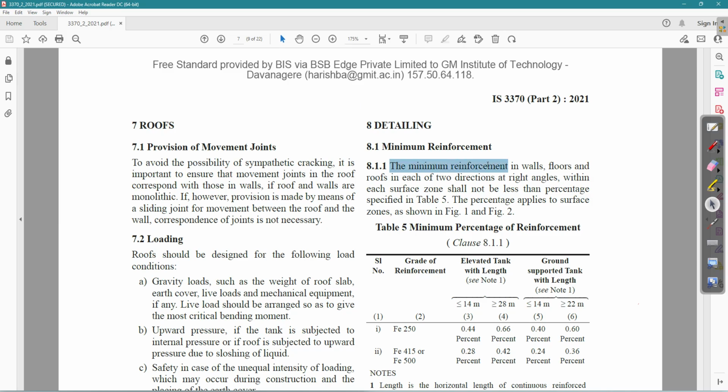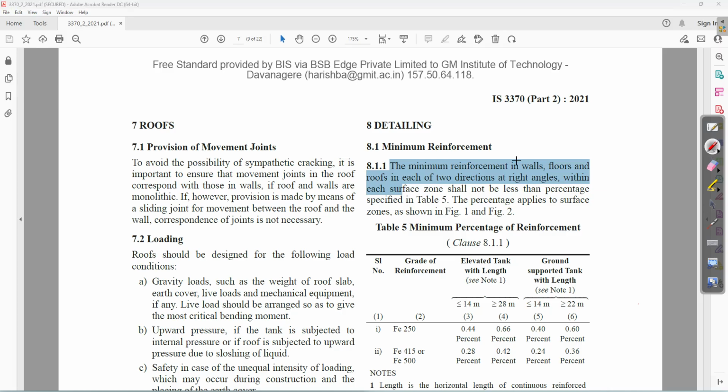The minimum reinforcement in walls, floors and roofs in each of the two directions at right angles within each surface zone shall not be less than the percentage specified in table 5. So it is 0.24% of surface zone.